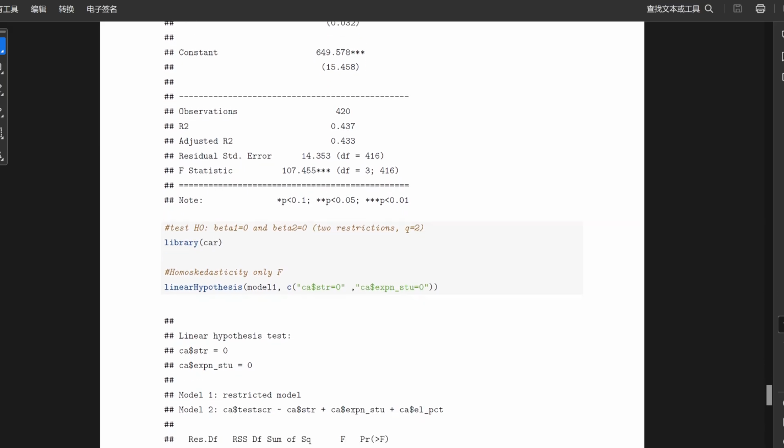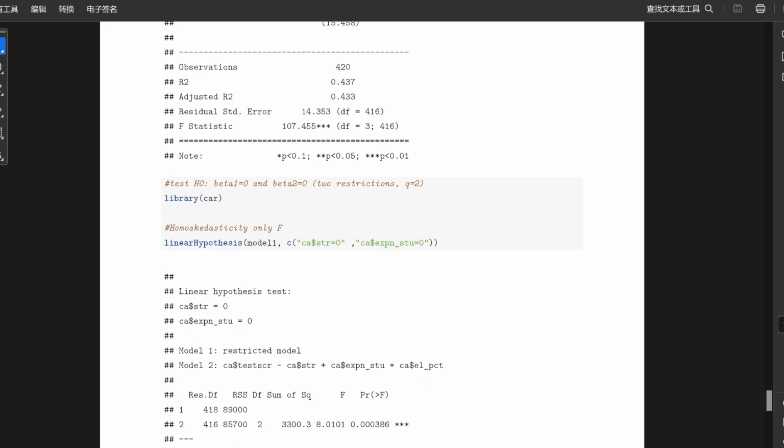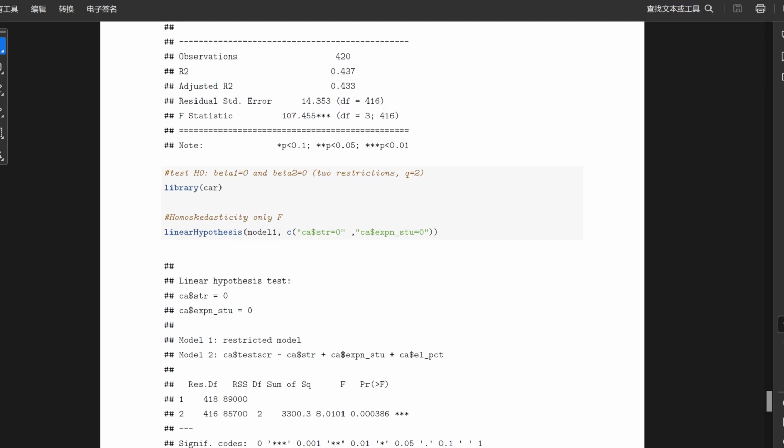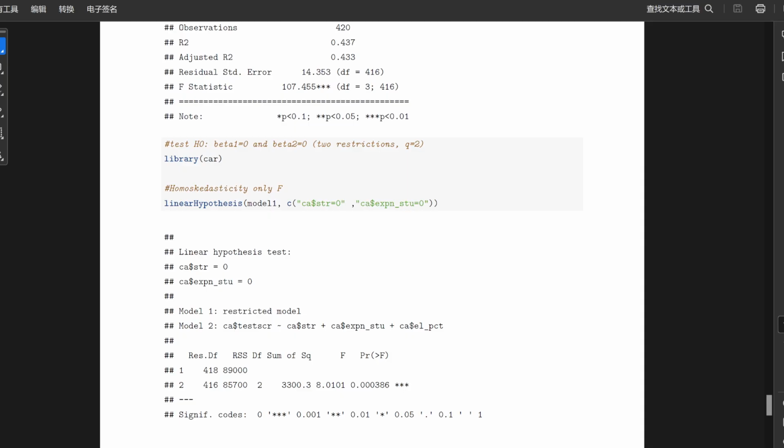If you do not say anything, this gives you the homoscedasticity-only F. It means everything is assumed homoscedastic. So this F statistic you can only use when homoscedasticity holds, and this is usually not true. You can see you got a very significant p-value here.